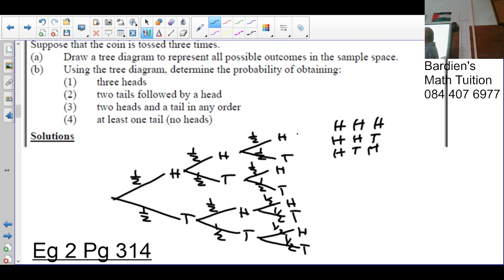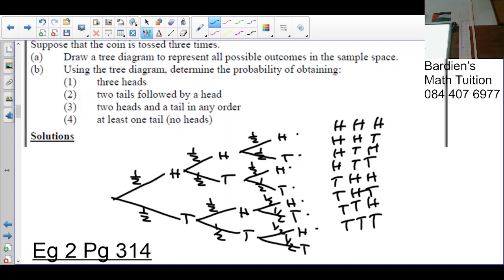Then heads, tails, tails. Then tails, heads, heads. Then tails, heads, tails. Then tails, tails, heads. Then tails, tails, tails. How many outcomes are there? 1, 2, 3, 4, 5, 6, 7, 8. There are 8 outcomes. You guys understand?